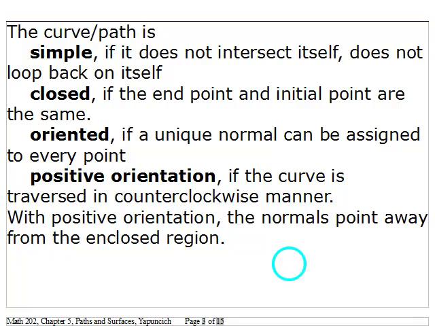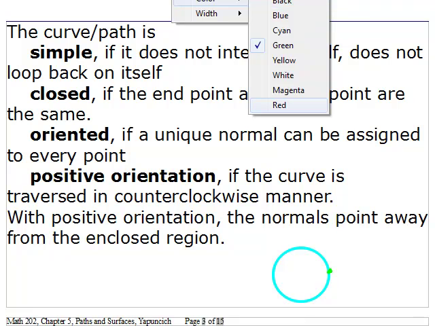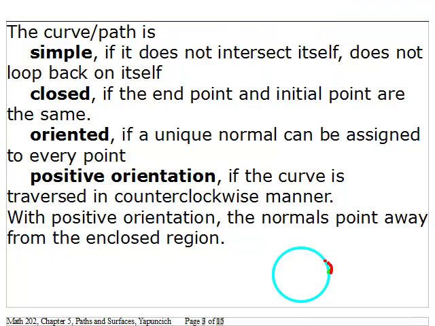Of course, the obvious example is a circle. You want to start here, and you want to walk along here in a counterclockwise direction, and you want the normal to the surface right here. On the plane curve, it's pretty obvious. On the space curve, it's a little different. You want these normals to be pointing away from the enclosed region.